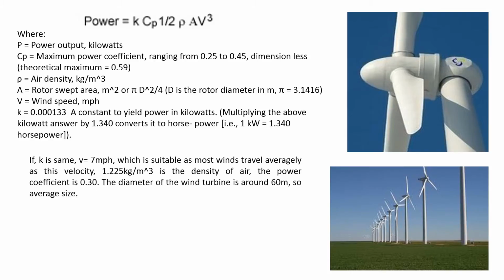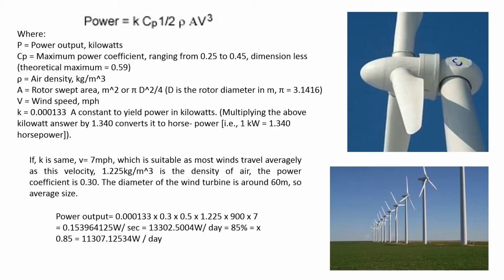So if we take a normal day, where the wind is about 7 miles per hour, which is about average, we take the density of air to be 1.225 kilograms per meter cubed, the power coefficient to be around 0.3, which is about average, and the diameter of the wind turbine to be around 60 meters, an average size.